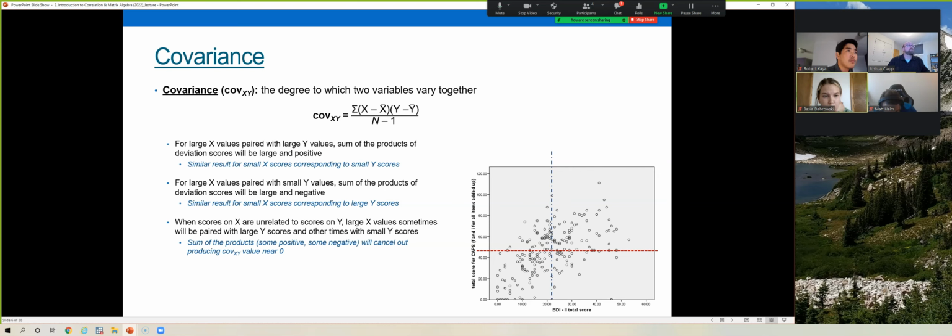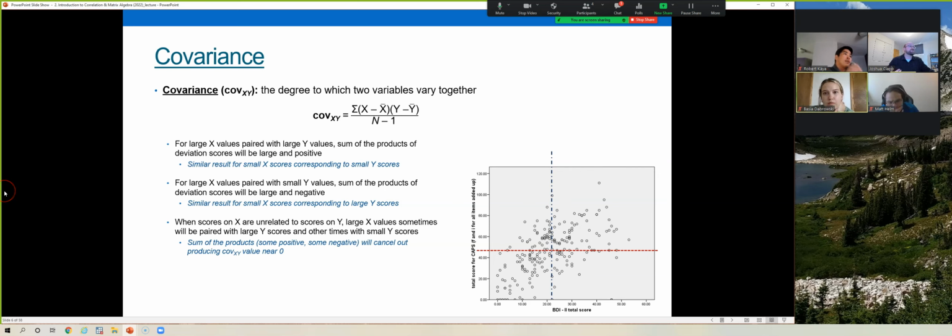If I take the sum of a lot of large positive values and a lot of large negative values, what's that going to look like? Yeah, I'm going to get something that's very close to zero. Things are going to cancel out.